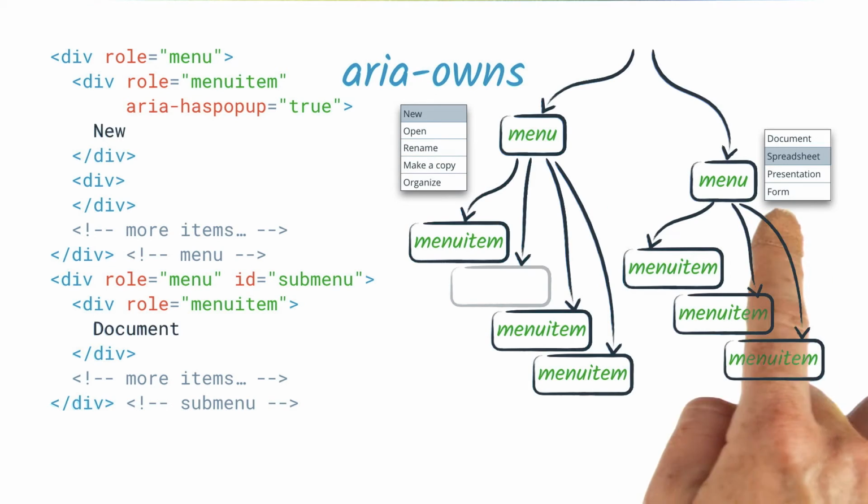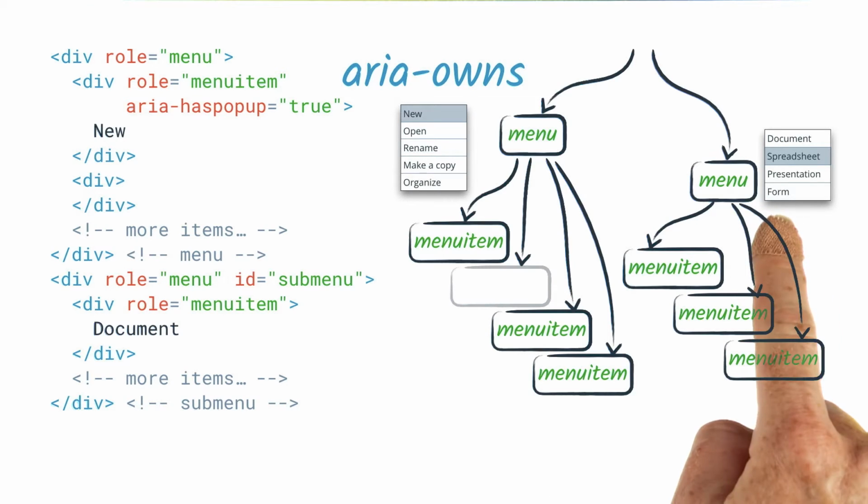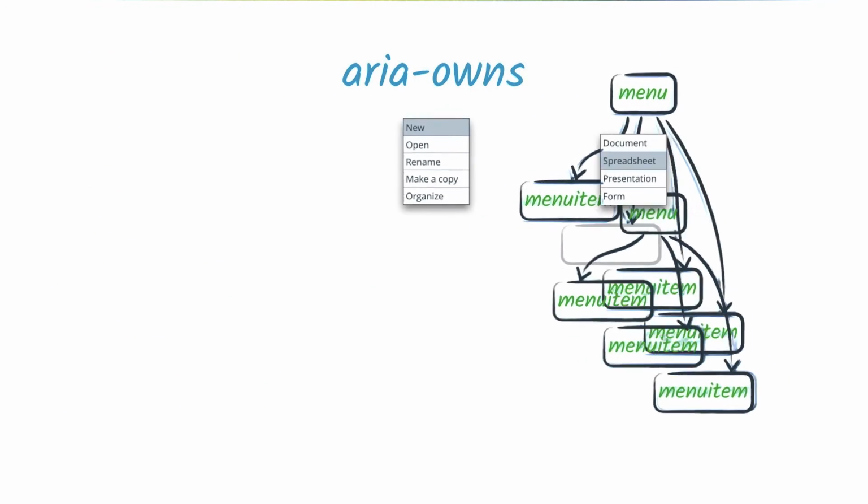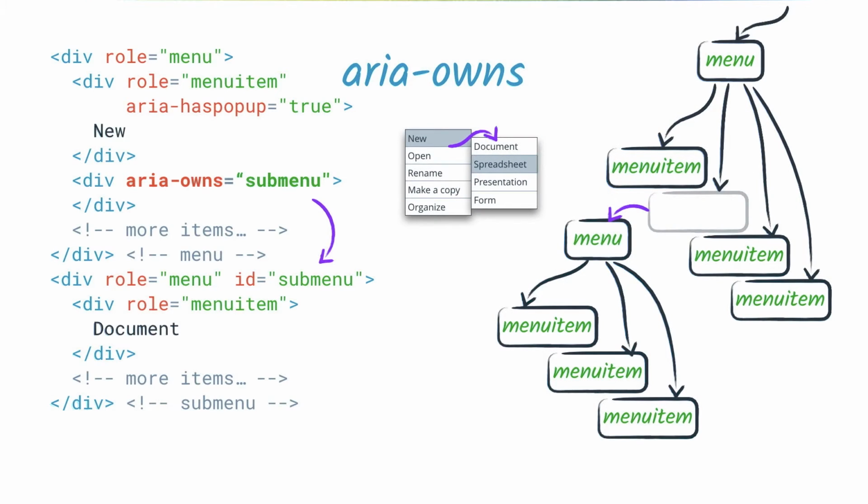In terms of the accessibility tree, we start off with two menus which aren't semantically linked in any way. If the submenu is showing, an assistive technology user would not be able to explore into it in the context of the other menu. It would appear after the end of it. By setting aria-owns on a placeholder in the top level menu, we can express the submenu relationship without affecting the appearance of the submenu.